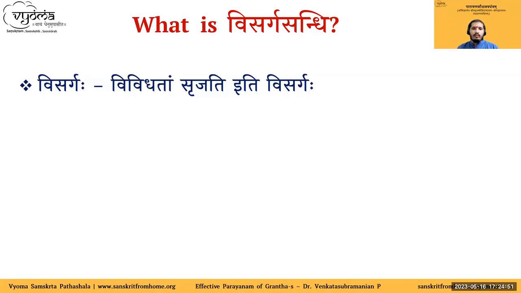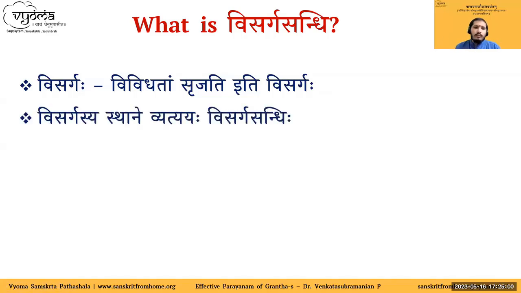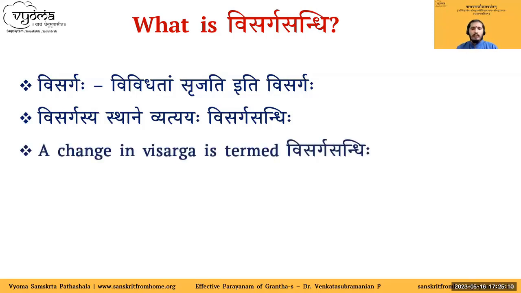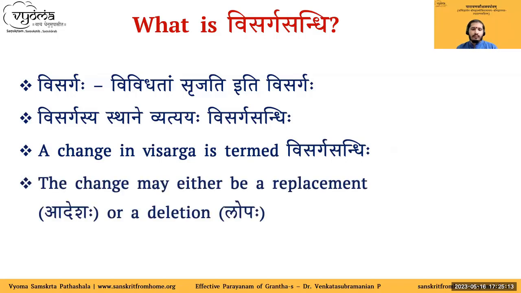So this visarga undergoes a change in visarga sandhi. Visargasya sthane vyatyaya: there is a transformation in place of visarga. Only this is called visarga sandhi. What kind of change may occur? There are mainly two types of changes. One is adesha, that is visarga gets replaced by some other letter, or lopa.